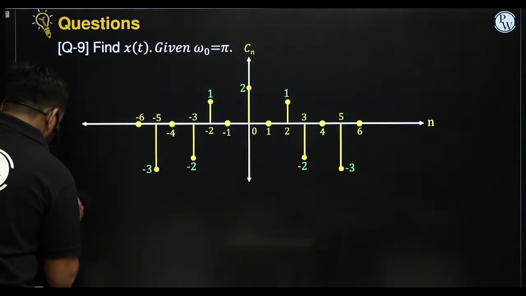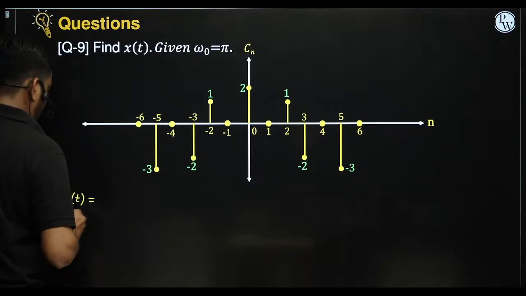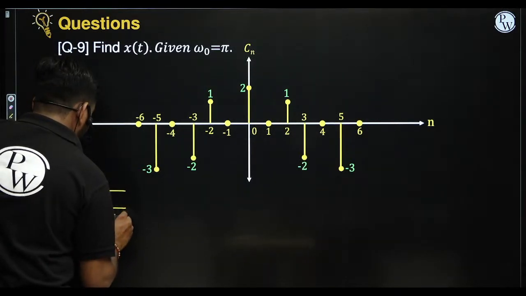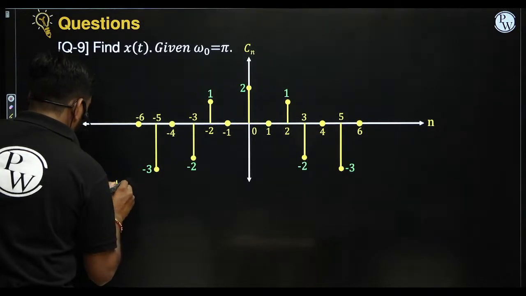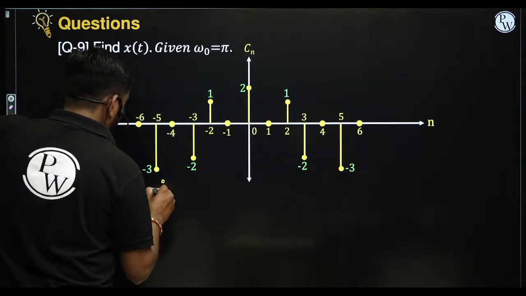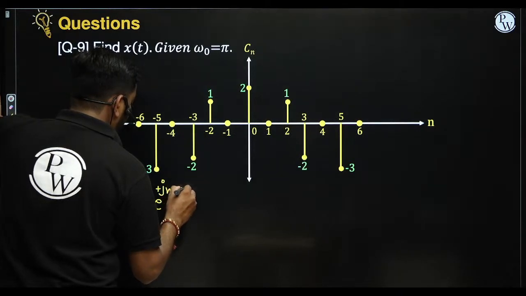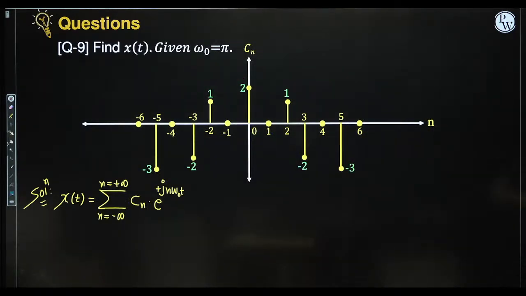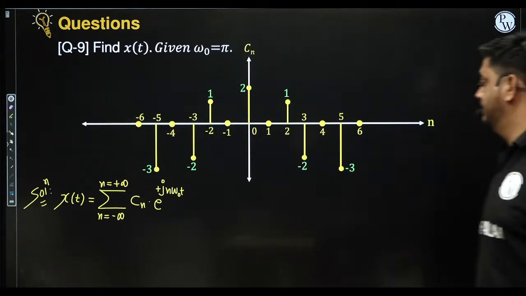The formula: x of t is nothing but the summation, from the Fourier series representation, n from minus infinity to plus infinity of Cn, coefficient Cn, e to the power plus j n omega 0 t, correct? Okay, so this is given, guys.